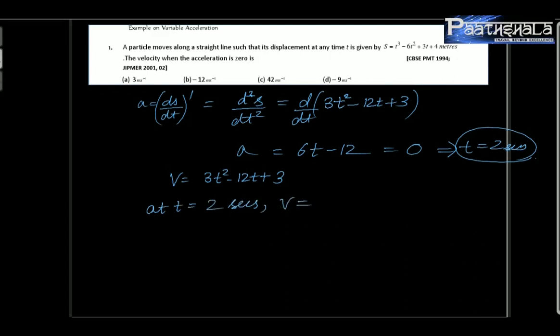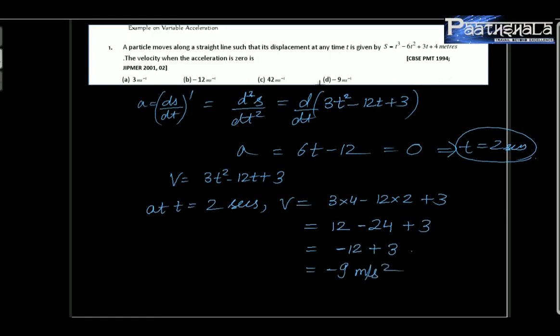V is equal to 3 into 4 minus 12 into 2 plus 3, which is 12 minus 24 plus 3, so minus 12 plus 3, so this is equal to minus 9 meters per second. Okay, this option. Oh yes, meters per second, of course. Meter per second, not square.